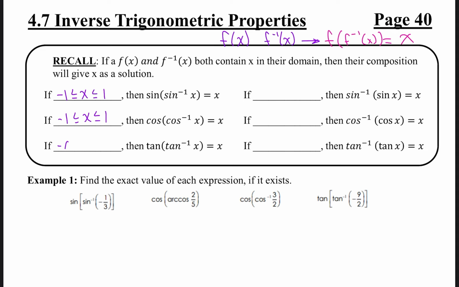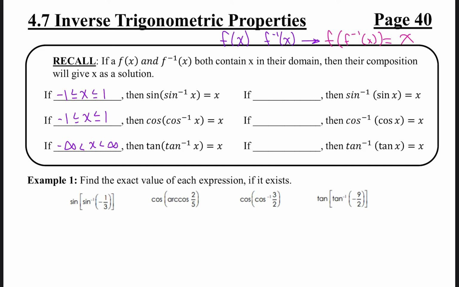Tangent's a little bit trickier because we know that tangent had a range from -infinity to infinity. Let me back up there. We can't put a less than or equal sign, right? Because you can't be equal to infinity or -infinity. So as long as x is between -infinity and infinity, it will give us a solution that simplifies to x.